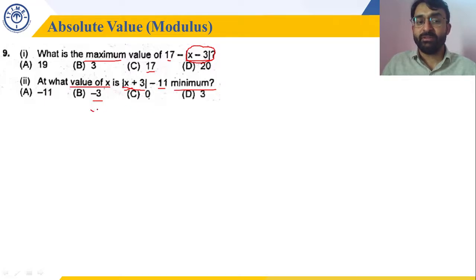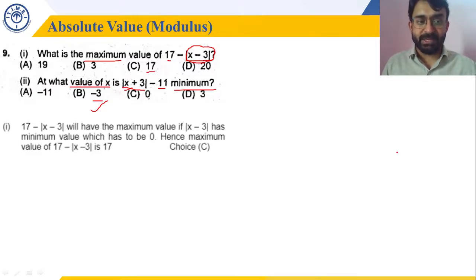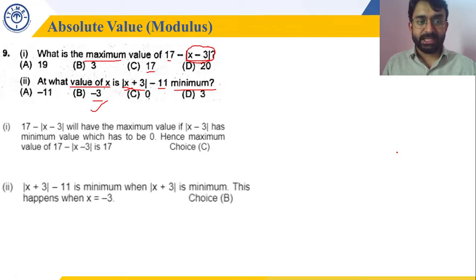So for what value of x is this minimum? Minus 3. This is the answer for this question number 9. Explanation for first part, explanation for second part, answer choice C and B, which we have already discussed. Fine, I hope this is okay to everybody. Let's move to the next question.